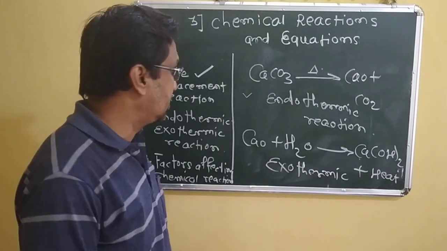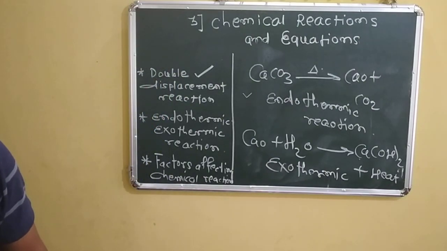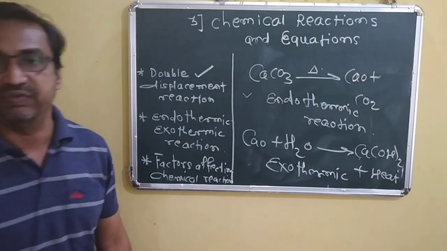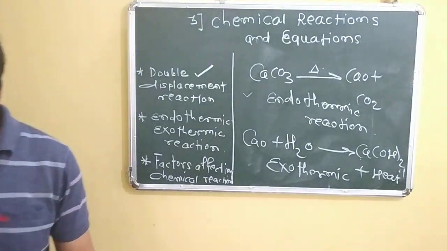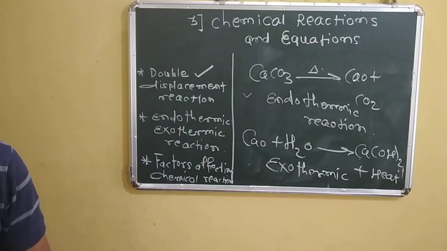Next we have to study, here we can easily see, in an exothermic chemical reaction, heat is given away, and in an endothermic reaction, heat is absorbed.